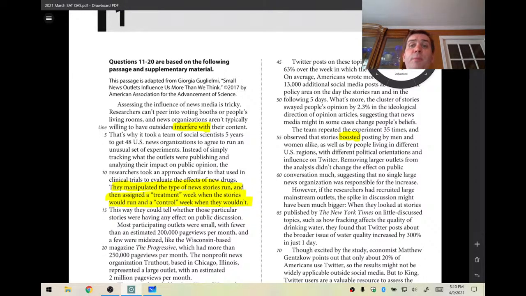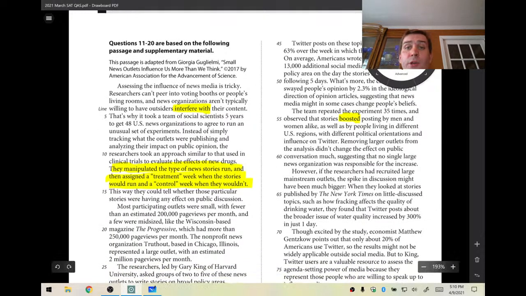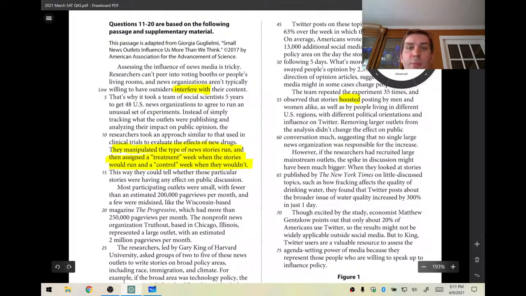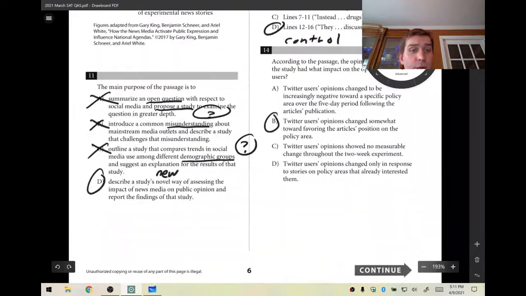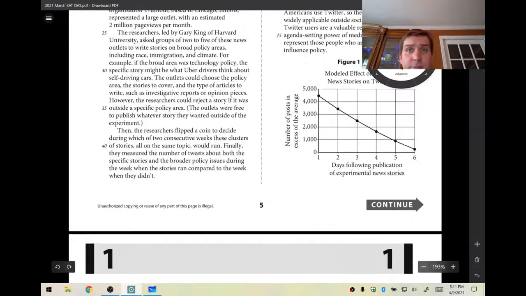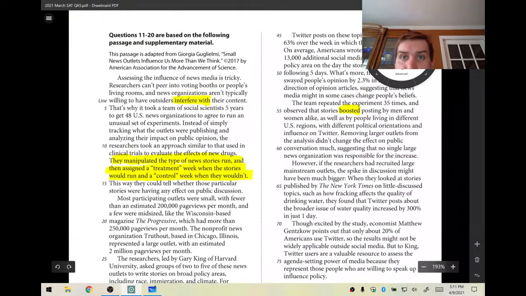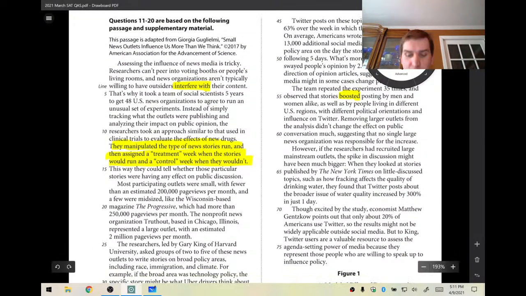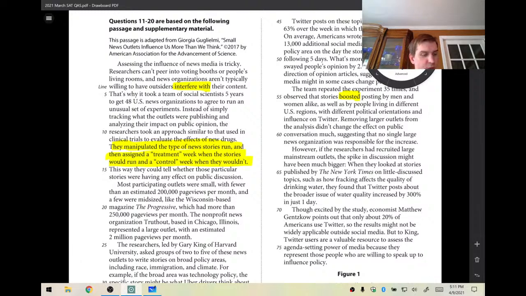The team repeated the experiment 35 times and observed that stories boosted posting by men and women alike. So stories boosted posting by men and women alike. Stories advanced posting by men and women alike. That doesn't make much sense.